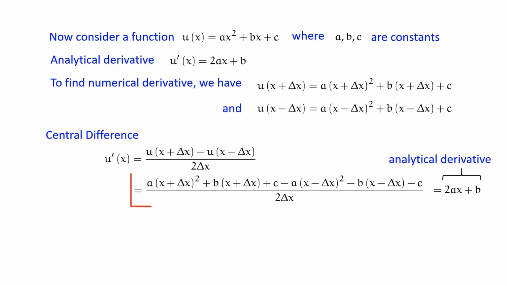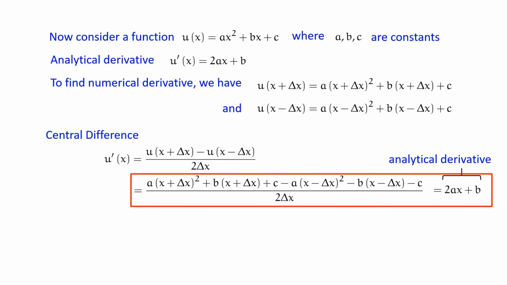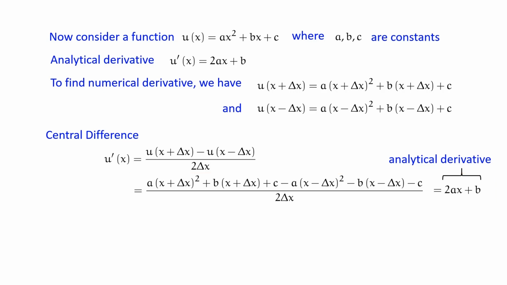If I plug in a(x plus delta x) square plus b(x plus delta x) plus c minus a(x minus delta x) square minus b(x minus delta x) minus c, then the central difference comes out to twice ax plus b, that is the same as the analytical derivative. It does not have any truncation error as it was in forward and backward differences.